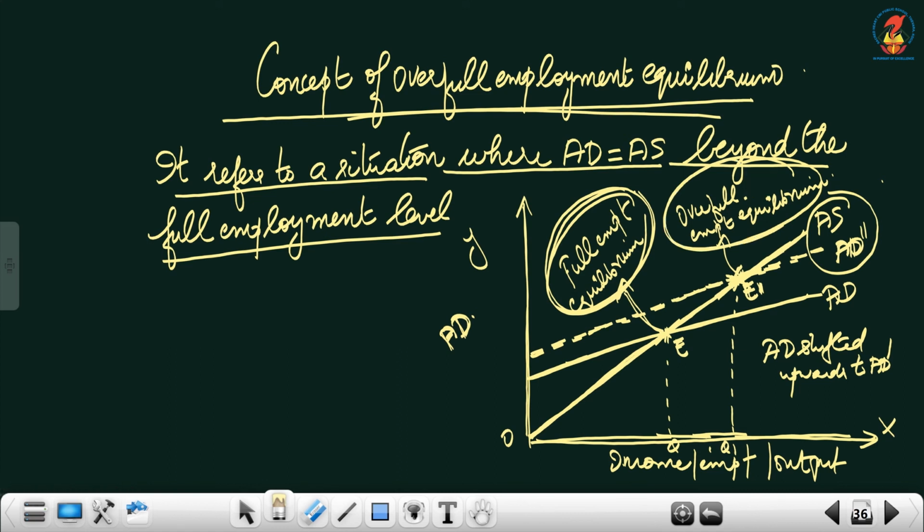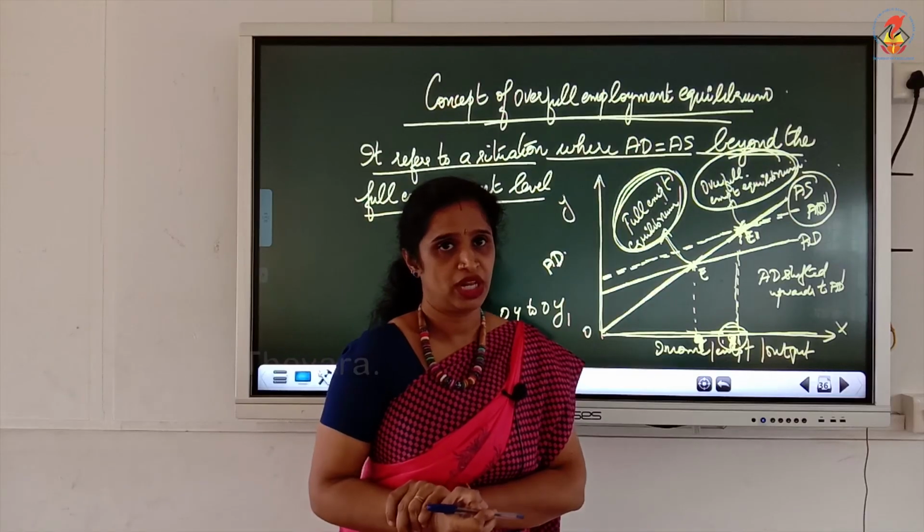Therefore, it is known as overfull employment equilibrium. Now, from that point, if you draw a line to the x-axis, you can see OY1 as the level of income, and the initial income was OY. At full employment level, income is OY, but now due to overfull employment, income has increased from OY to OY1. OY1 is a new level of income due to overfull employment equilibrium.